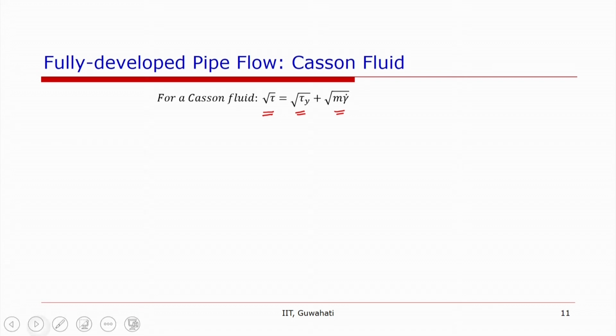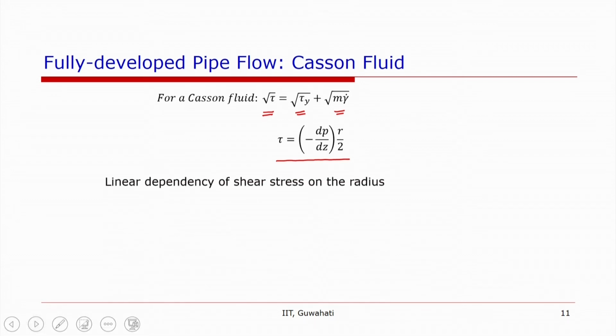So, again for this fluid also, the relationship between tau and r is still valid, and this shows that tau is proportional to r by 2. The Casson fluid shows a yield stress behavior, which means that if the applied stress tau is less than tau y, there is no velocity gradient.